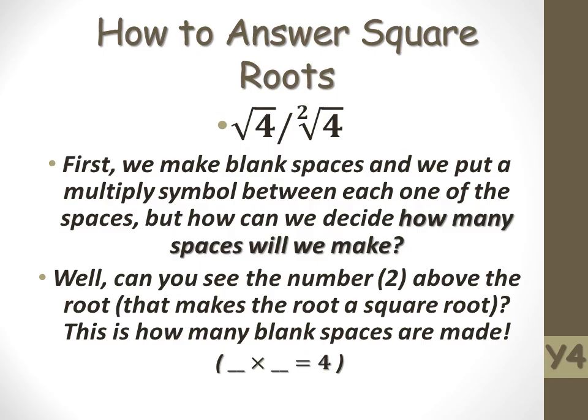Focus on the square root with the number 2 on it a little bit. It has the number 2, right? Well, that's the number of how many spaces are made. So the number 2 above the root indicates a square root and indicates how many spaces we put. And of course, remember the spaces between them have a multiply symbol, okay?